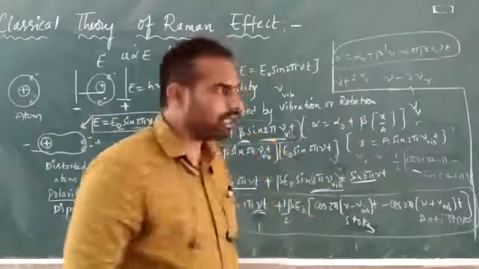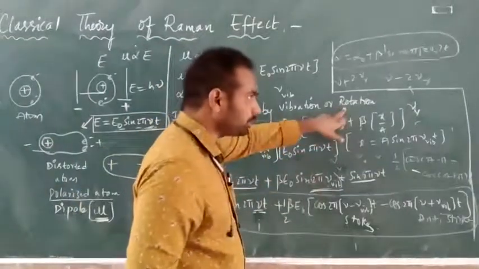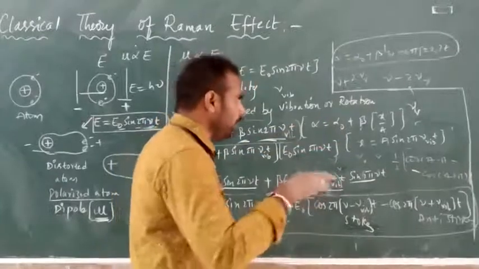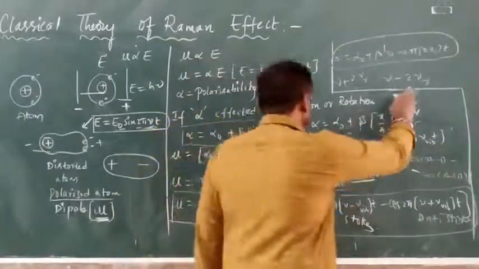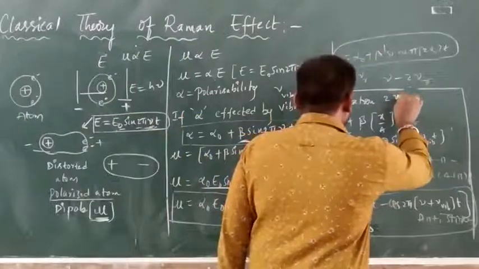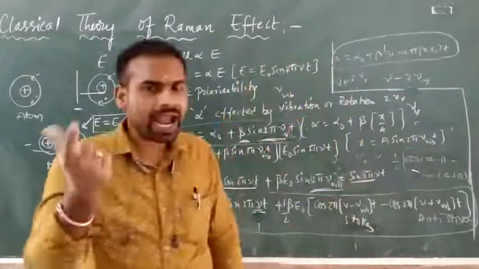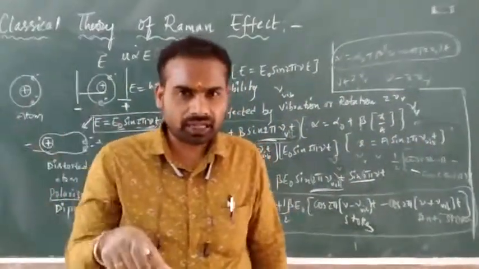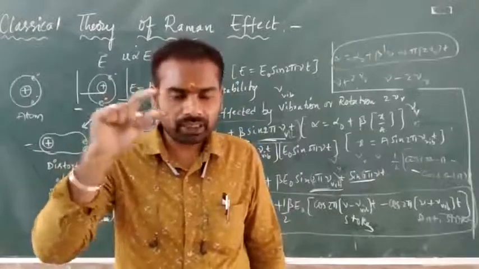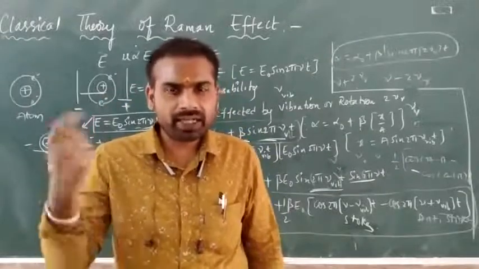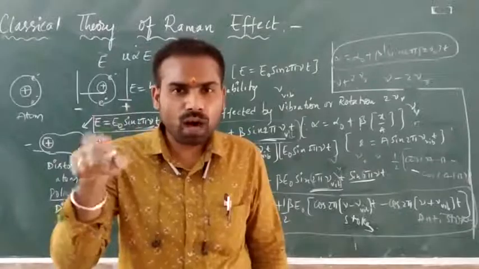Similarly, we can explain the effect of rotation. The rotation will occur at 2 nu r because the rotation may be anti-clockwise or clockwise. Hence, the resultant frequency is 2 nu r.